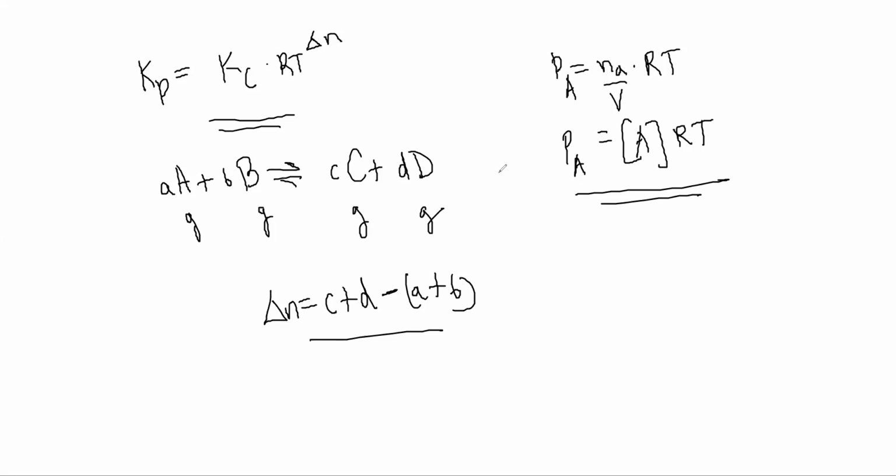The concentration ratio for a pure solid and also a pure liquid is equal to 1. So the concentration ratios of CaO and CaCO3 will be 1, because standard states of pure solids and pure liquids are themselves. So these concentrations can be eliminated from the equilibrium equation and you get Kc is equal to CO2 concentration.